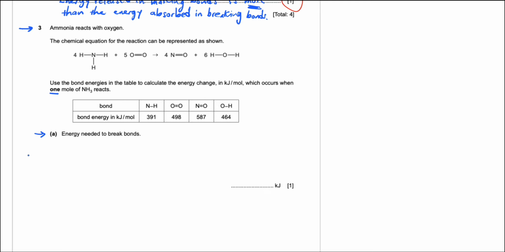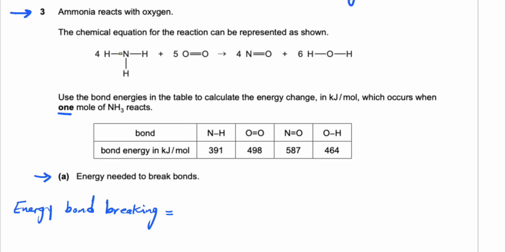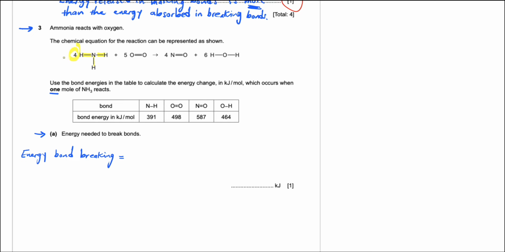Step 1, the energy for bond breaking. In 1 molecule of ammonia, we have 3 single bonds between nitrogen and hydrogen, but we have 4 molecules overall. So we have 4 times 3, the bond between nitrogen and hydrogen. 4 because we have 4 molecules, and 3 because in 1 molecule we have 3 bonds between nitrogen and hydrogen.